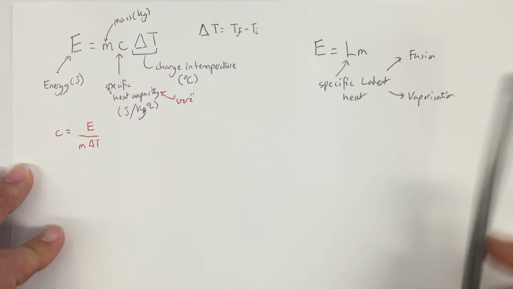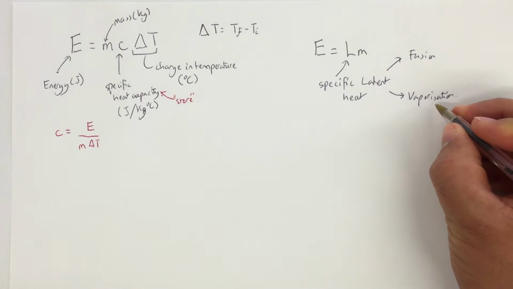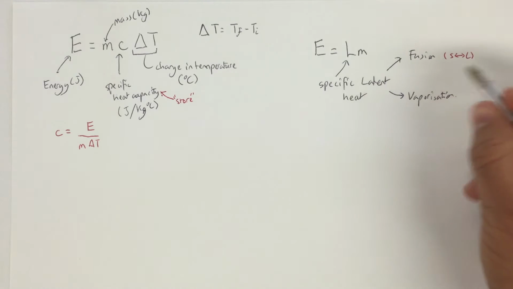So fusion is the energy required to either melt or freeze a solid into a liquid or a liquid into a solid, and vaporization is the process of turning a liquid into a gas or vice versa, so boiling or condensing. So fusion is solid into liquid, but it can go either way.